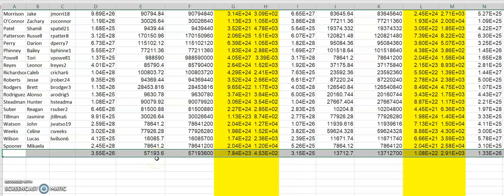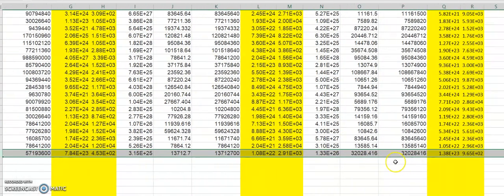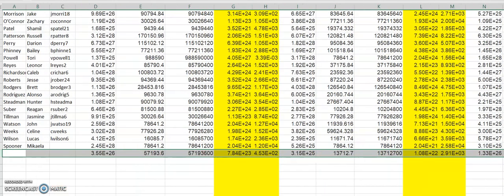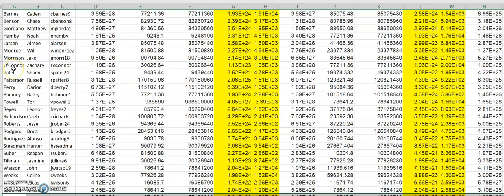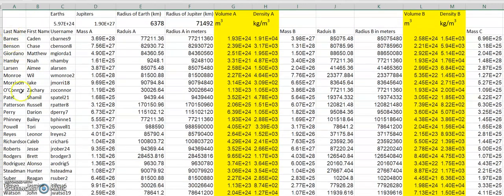Then you'd go to planet B, and then over here, I have to scroll over a little bit so you can see it. There's planet C. You'd find your name in this first column, and then you just look. Anyhow, that's pretty simple.